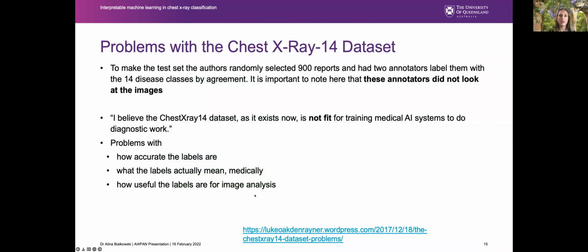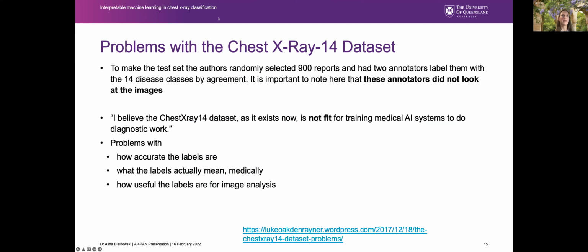There's some really great work by researcher Oakden-Rayner. Interestingly, they are dually qualified: they are a radiologist as well as a machine learning researcher.